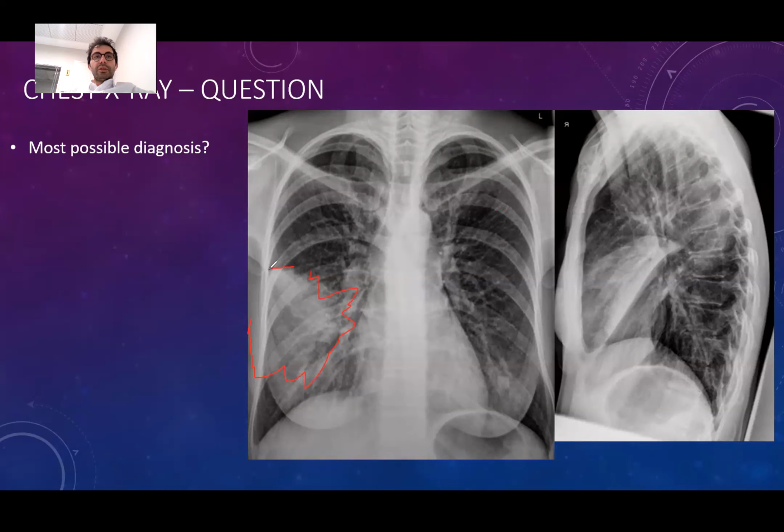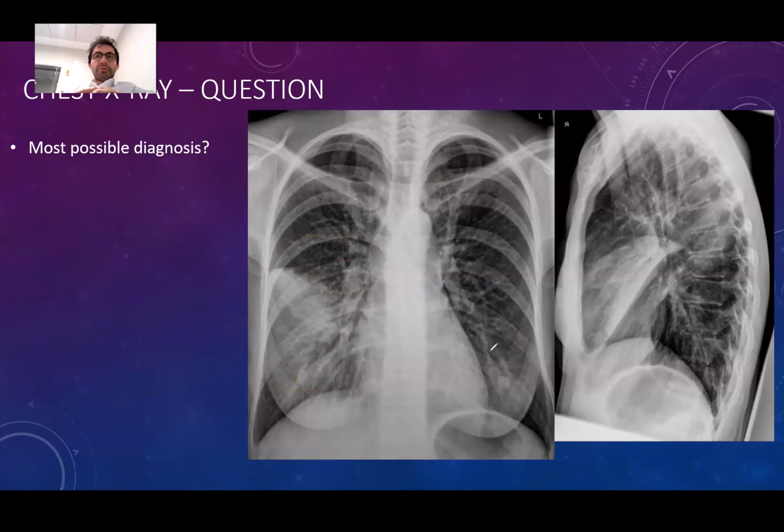Also, it gives a distinct border on the horizontal fissure. So, to which lobe does this belong? Can you make an assumption? To the middle lobe. Right middle lobe. Great, thank you. So I'm seeing some consolidation on the right middle lobe, and no consolidation in other parts of the lungs.